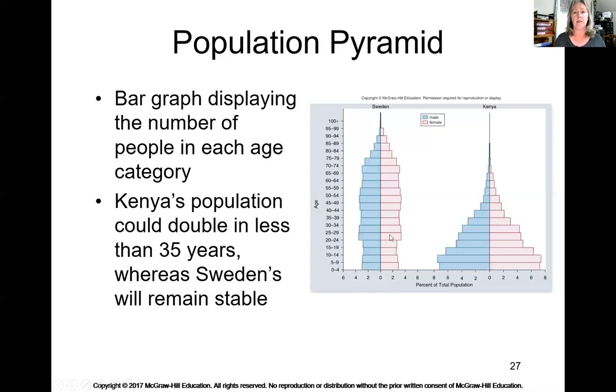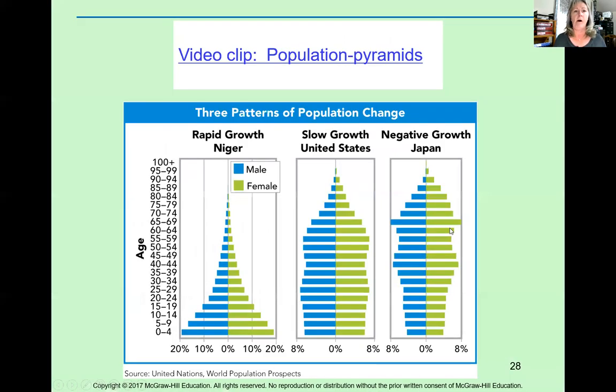So this describes this underdeveloped country with a lack of food, probably medicine, so a large birth rate, but then also a large death rate, which gives you this steep incline on your pyramid.